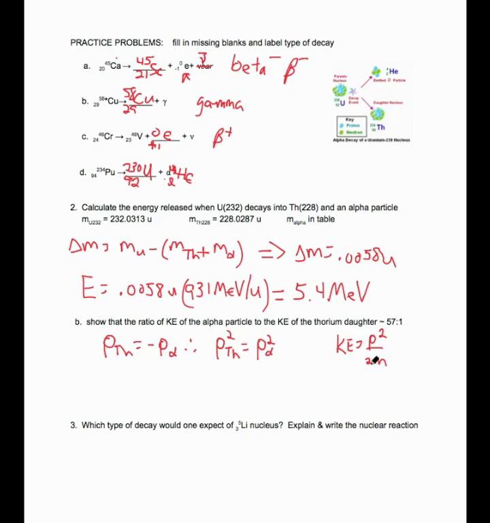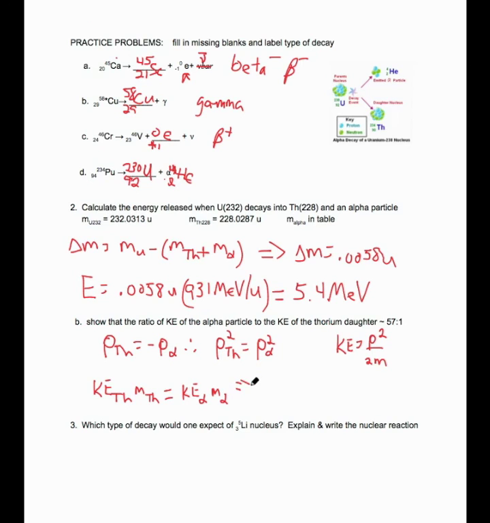So if I bring the m over, what we basically have is that the KE of the thorium times the mass of the thorium, right? I can ignore the 2 because it's going to be common on both sides, has to equal the KE of the alpha particle times the mass of the alpha particle.